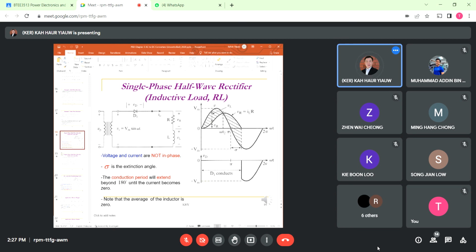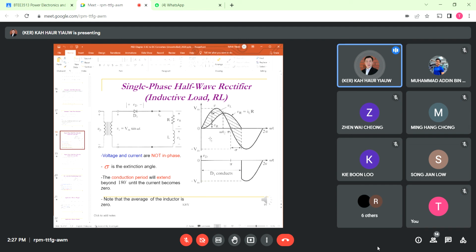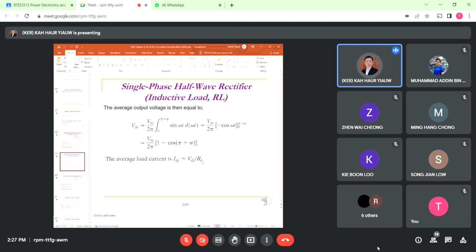Hence, the average is only affected by your resistor R. But if we are talking about the instantaneous current, then you need to consider the inductor L. For the average current or average value, normally the L will be omitted.